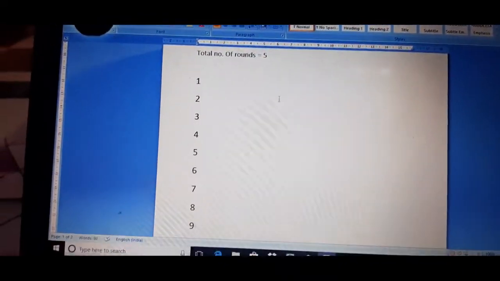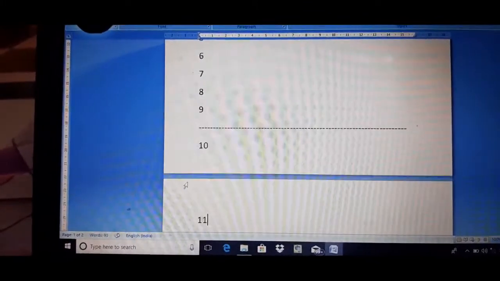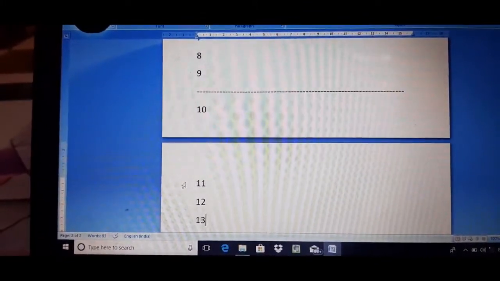So you form a line; this line marks the upper half. Till 9 it is the upper half, and below 9 it will be counted as the lower half. Am I clear over here, upper and lower half?